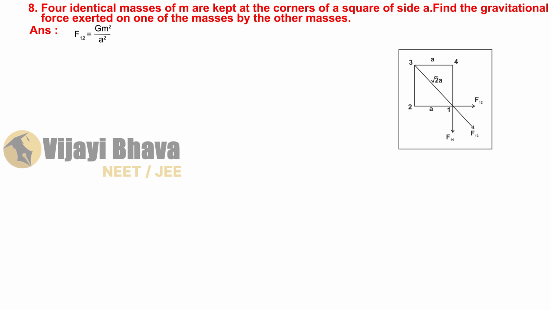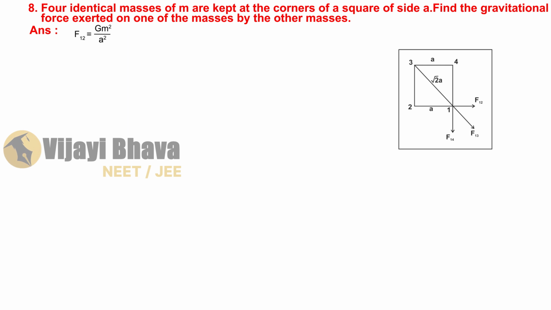Simultaneously, let us calculate the force between 1 and 3. The distance between 1 and 3 becomes root 2a. This can be easily explained once you consider Pythagoras theorem here. The distance between 1 and 2 is a, and the distance between 2 and 3 is also a, as it is a uniform square.